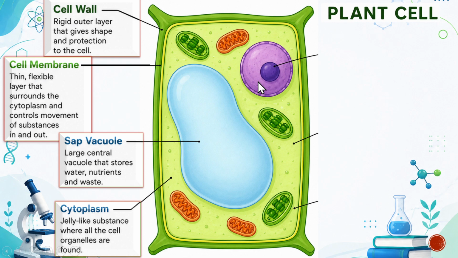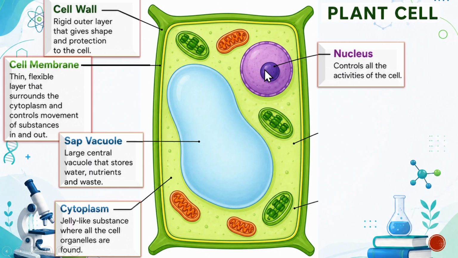Now you see this purple colored circle, and within that you have this dark blue one. This is nothing but the nucleus, and it's an important part of the plant cell because it controls all the activities of the cell. So whatever the plant cell is going to do, the functions of the plant cell, be it photosynthesis, right?